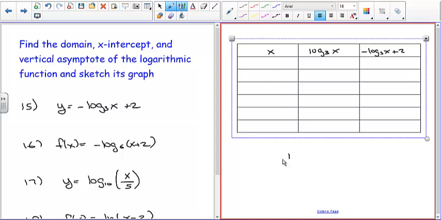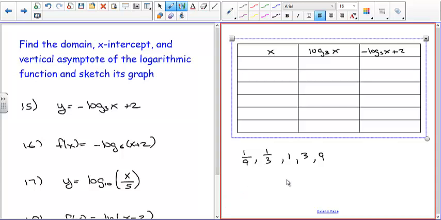Basically, you're going to have 1, and then you're going to go either side of it, depending upon the base. I've got a base of 3, so you do powers of 3. 3 to the first power is 3, 3 to the second power is 9, and you go the other way, 1 over 3 to the first power, and 1 over 9.